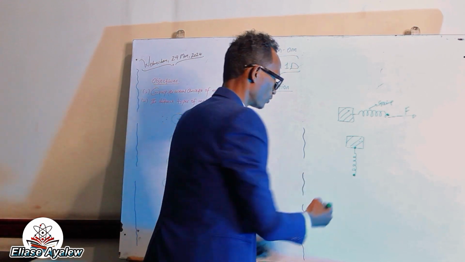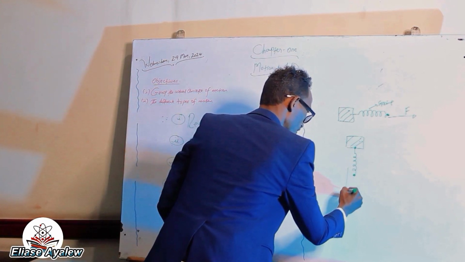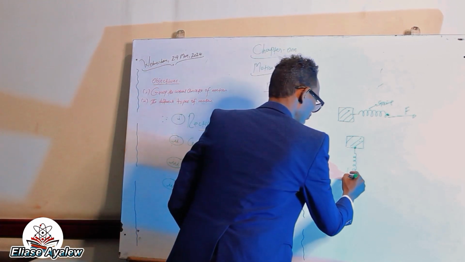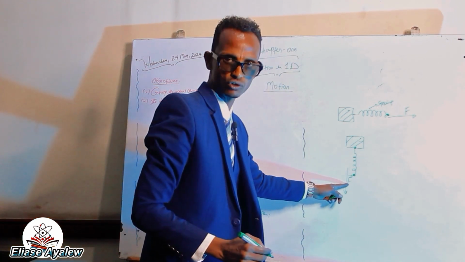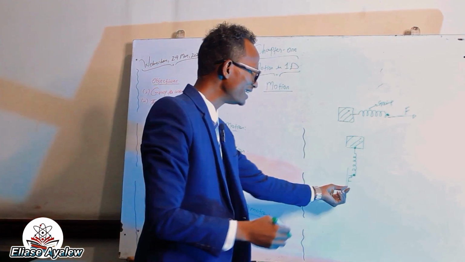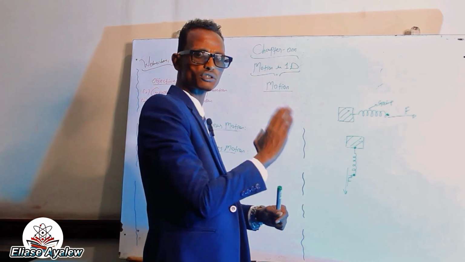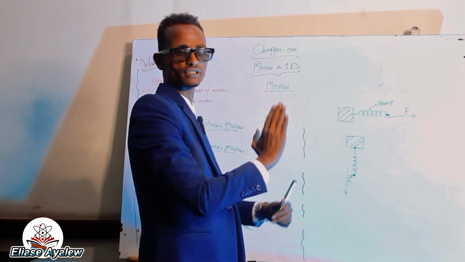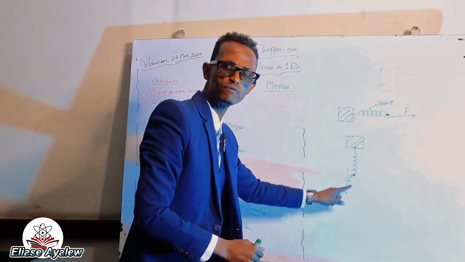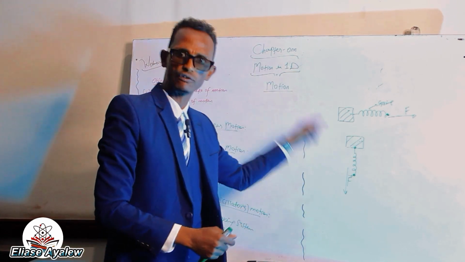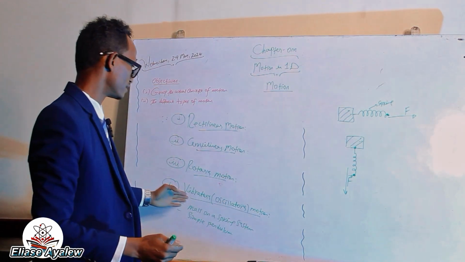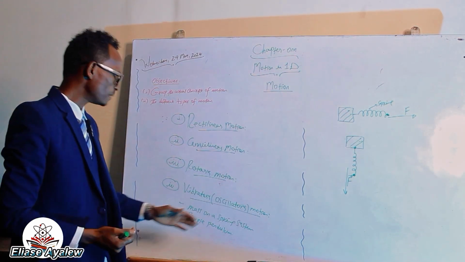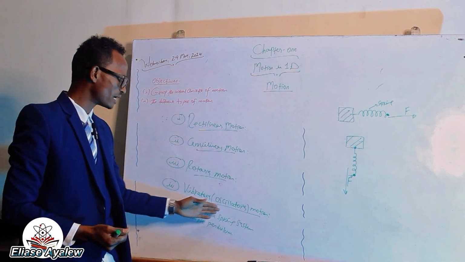When we stretch the spring vertically downward by exerting a certain amount of force and release it, what will happen? The spring starts to oscillate up and down before it comes to rest. Therefore, the up and down movement of a spring as a result of an external force acting on it is known as vibratory motion. And a simple pendulum is also another good example of vibratory motion.